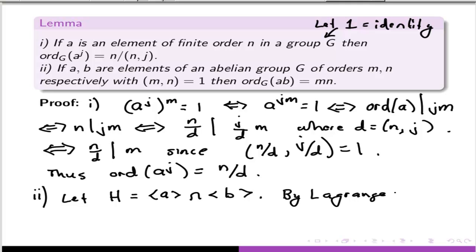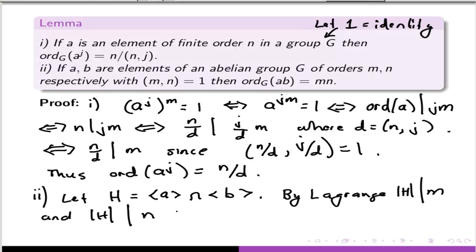the cardinality of H is a divisor of the cardinality of the group generated by A. Okay, now what was that given to be? A is an element of order m, and the cardinality of H, being a subgroup of the B group, must divide n.